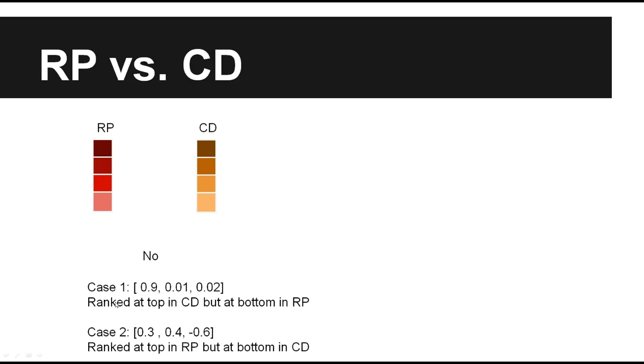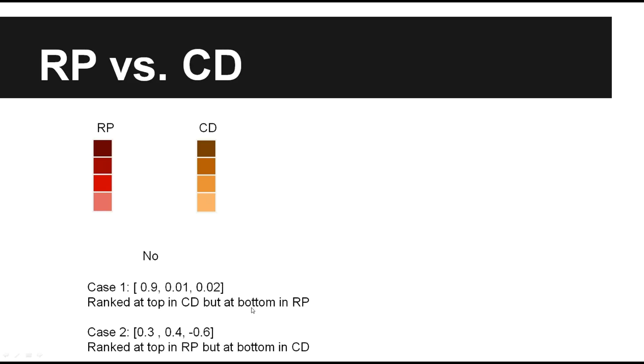But this gene will be ranked at the top in the CD method because it has a very large component value. If you average them, even if you have two small values, the average is still a fairly large value. So it will be ranked at the top in the CD method.